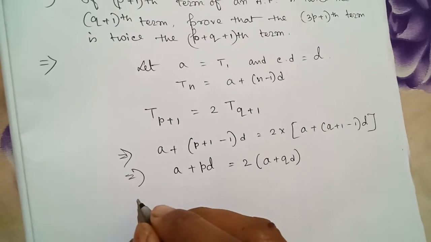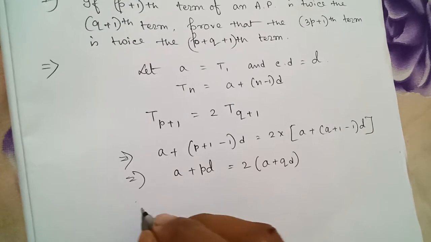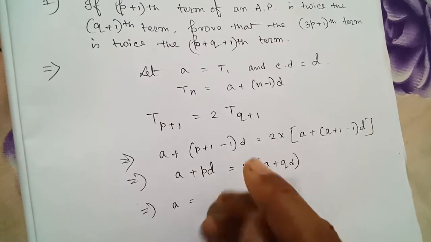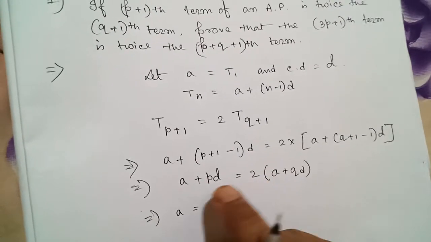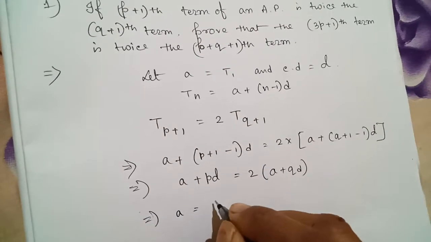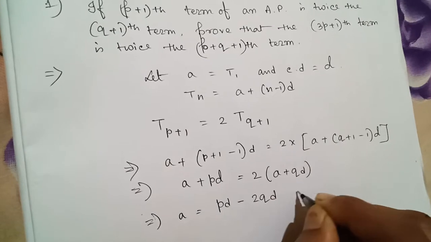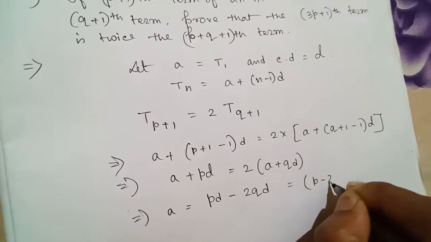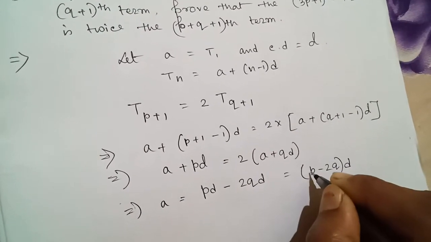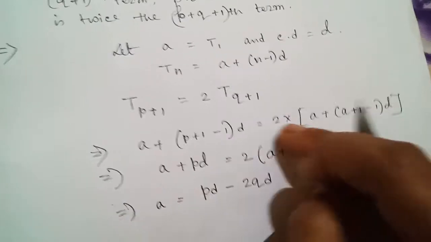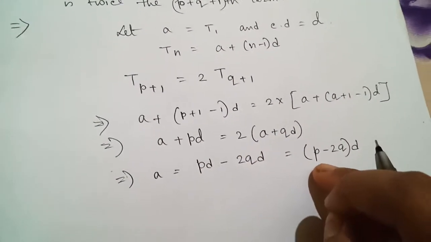From this we can write that A equals PD minus 2QD, or we can write P minus 2Q into D. This is A's value.